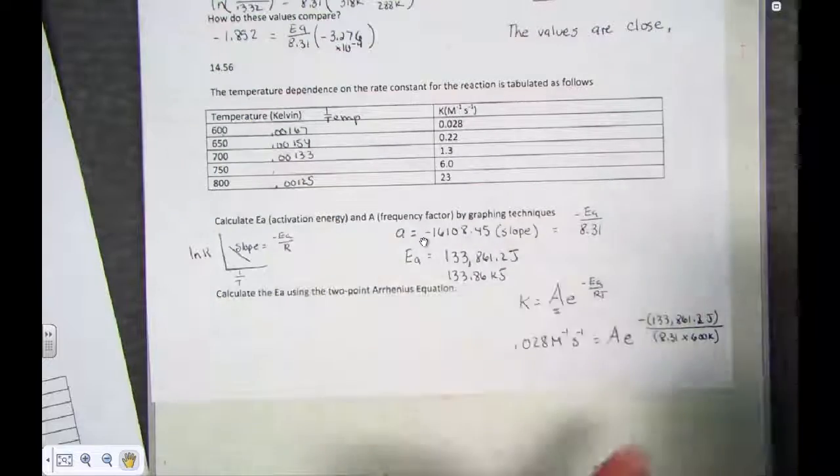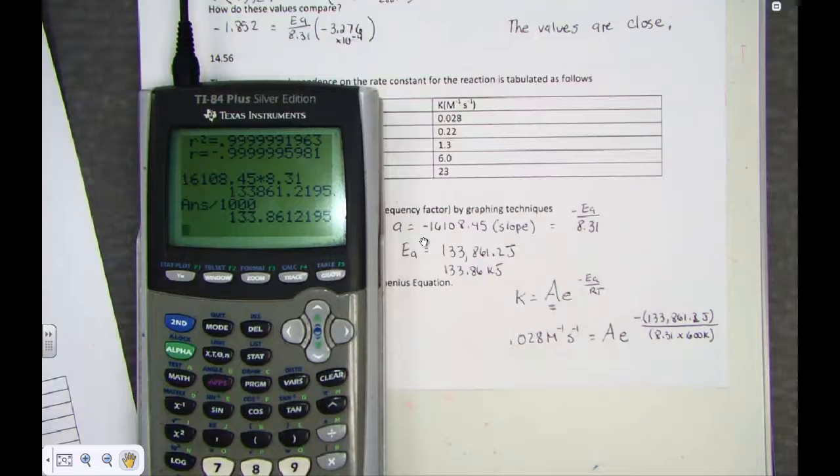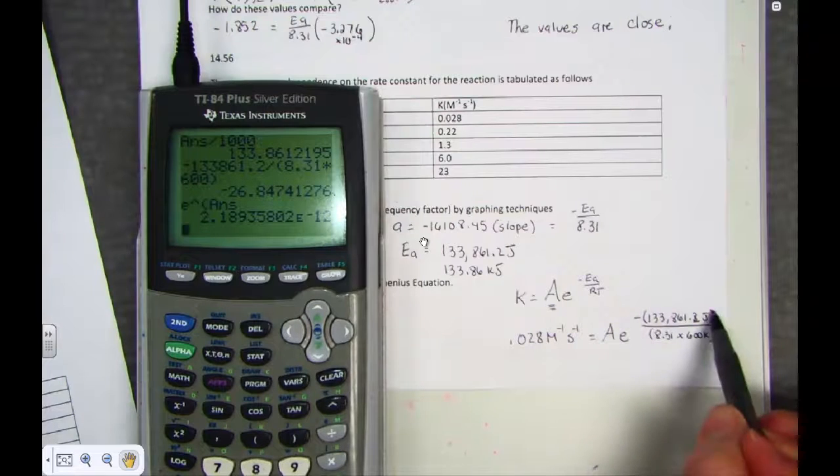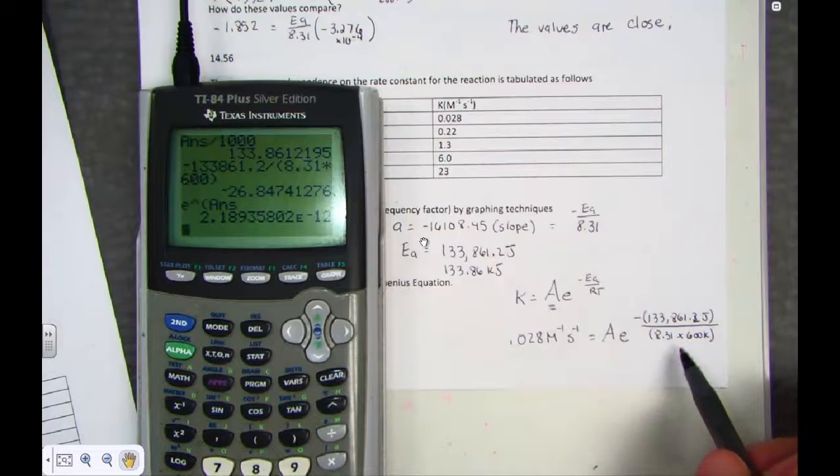Let's simplify what's going on in these parentheses here first. So negative 133,861.2 divided by the R and the Kelvin temperature. E raised to that answer is this entire thing simplified: 2.19 times 10 to the negative 12th.